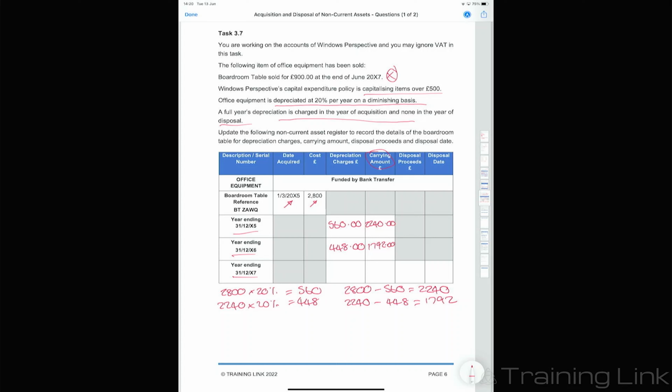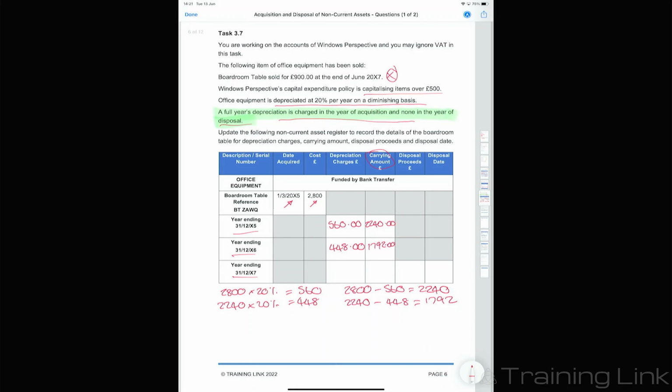Then we get to year end 2017. And this is a bit that can catch people out, and this is where we have to look back at our policy. So, full year's depreciation is charged in the year of acquisition and none in the year of disposal.